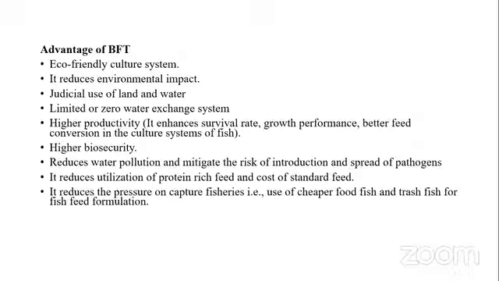When you are stocking fishes in high density, the ammonia will deteriorate the water quality. So here we are using bacteria which convert this ammonia into single cell protein, which can be utilized as food by the fishes. So what are the different advantages of biofloc technology?